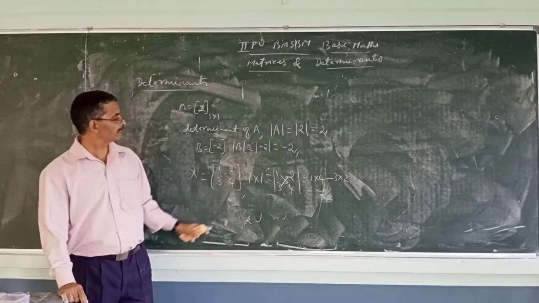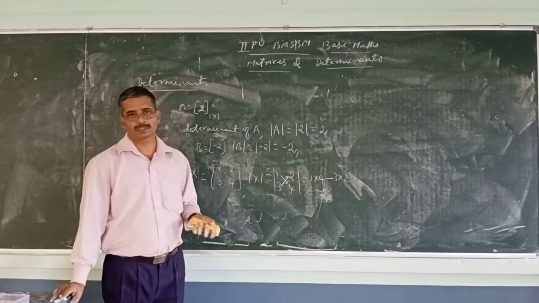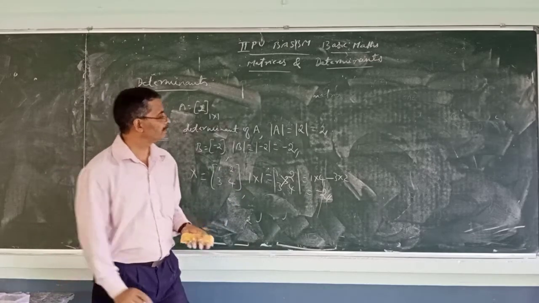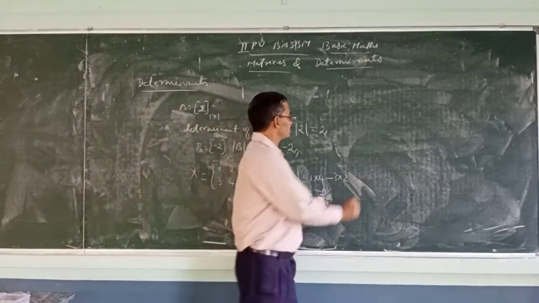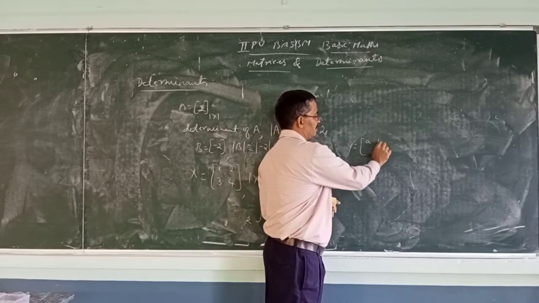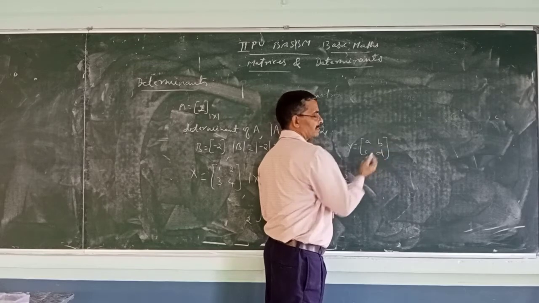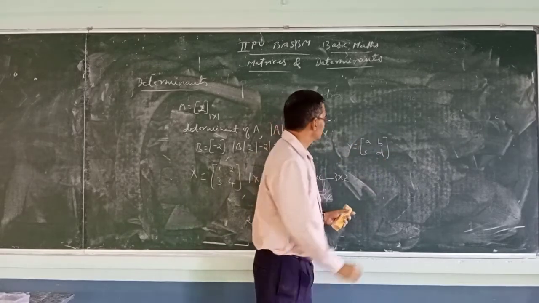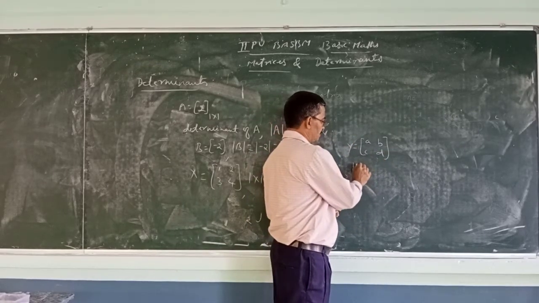This is how to calculate for order 2. One more example of order 2. Say Y equal to a, b, c, d. Anything you can write, some numbers. What is the determinant of Y?